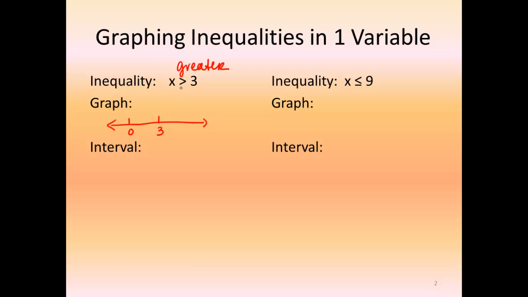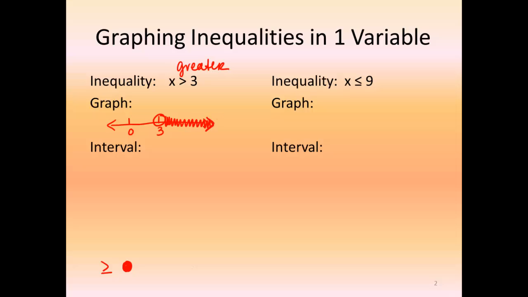And because this is a greater than, I'm going to just use an open circle. If it was a greater than or equal to, we would have a solid circle. And then I'm going to shade every value that is greater than 3.